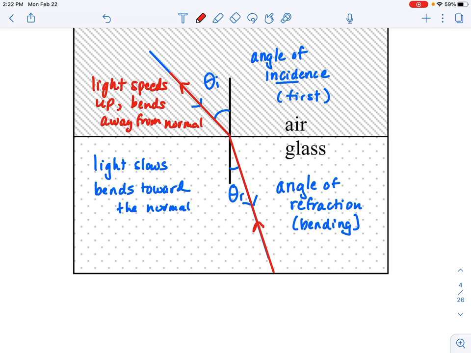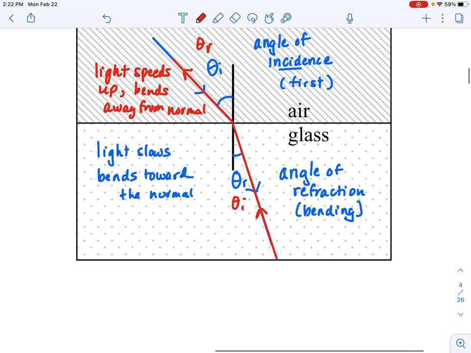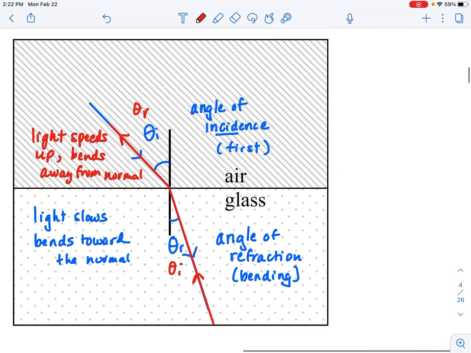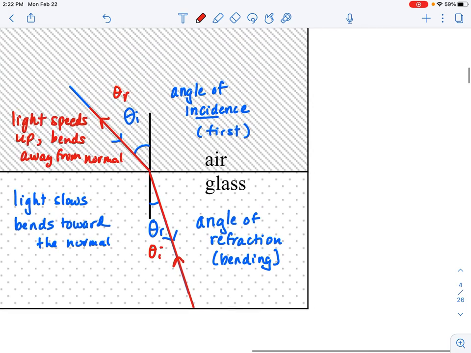And it would follow exactly the same path if this initial angle was the same as the old refracted angle. The other thing we need to know is that light takes the shortest possible path given the indices of refraction.